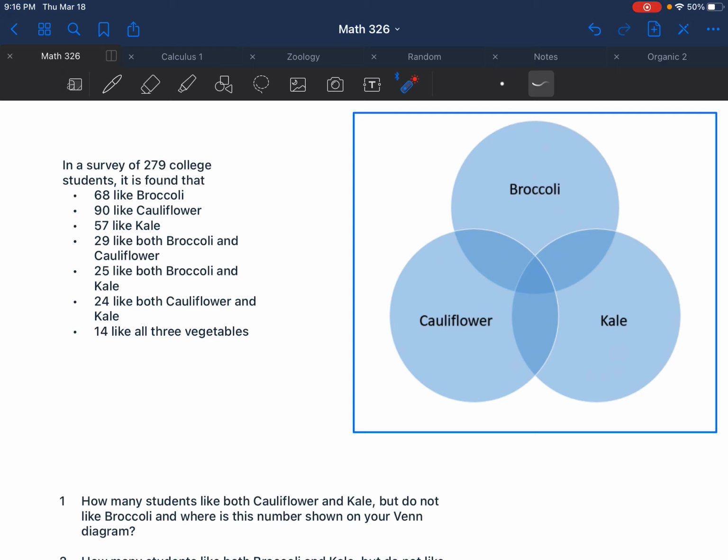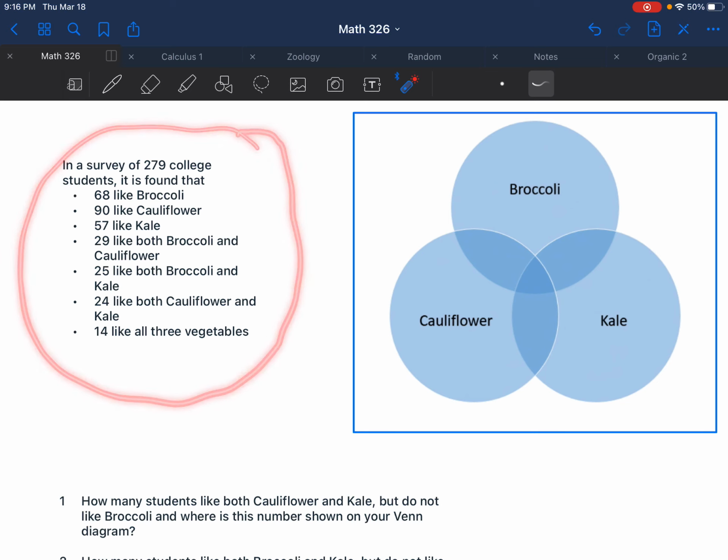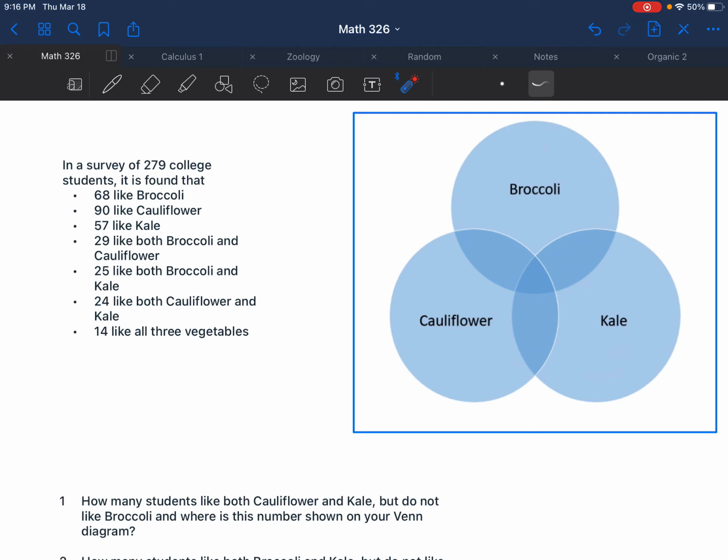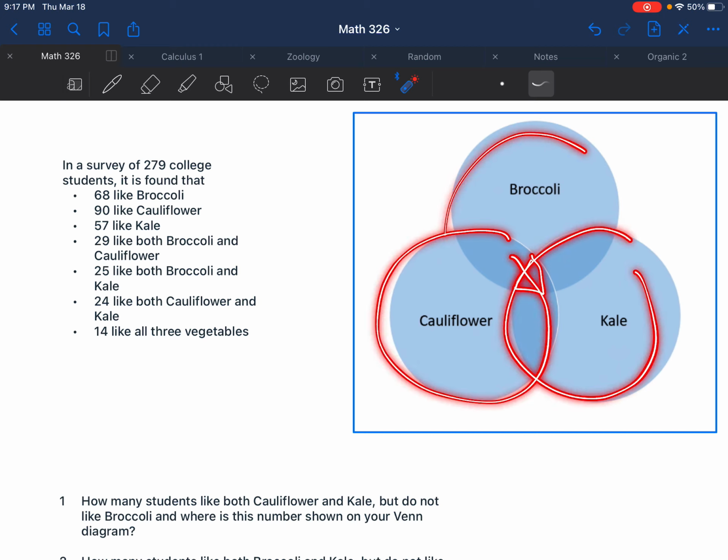So today we are looking at this survey of college students and vegetables that they either like or don't like. And the vegetables are broccoli, cauliflower, and kale. So we have data basically for each of these vegetables. Some people like all three, which would fit right here because all three circles overlap at this spot.